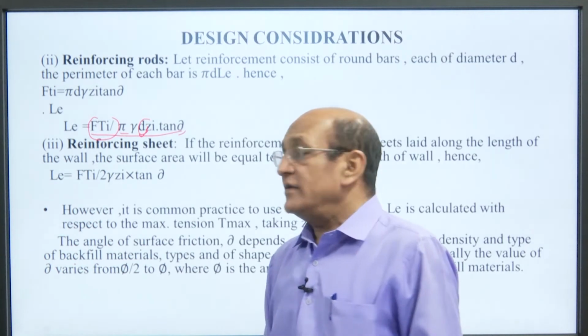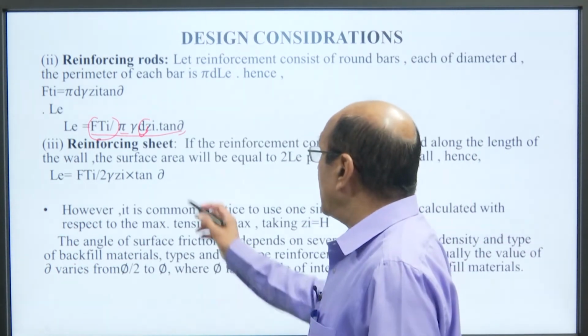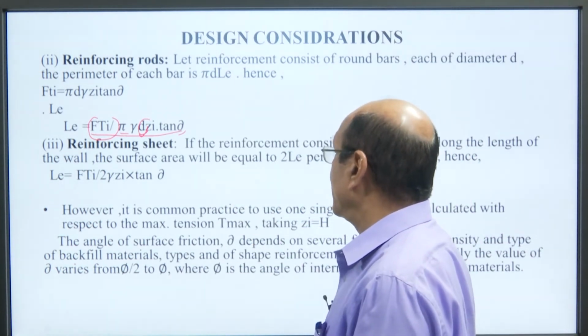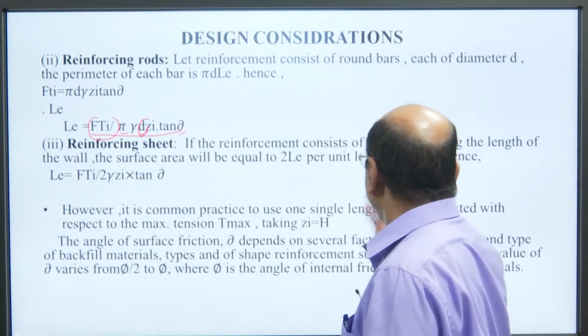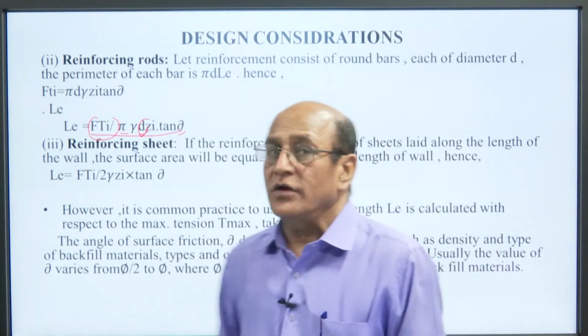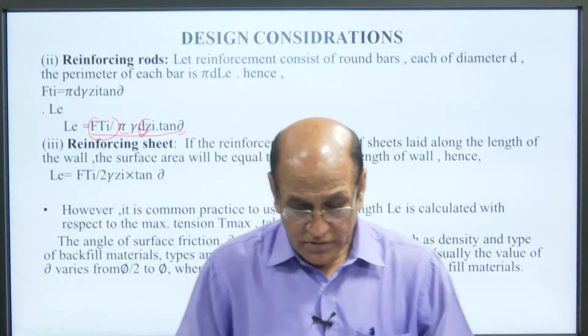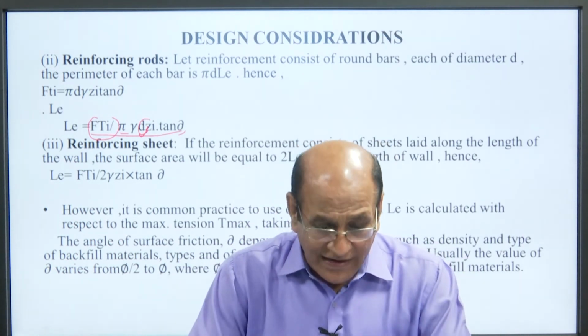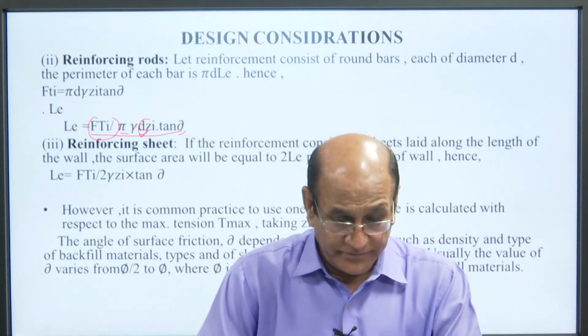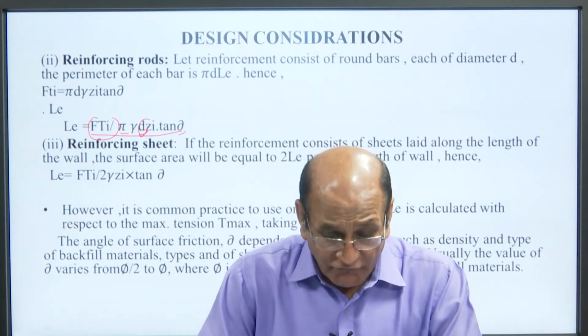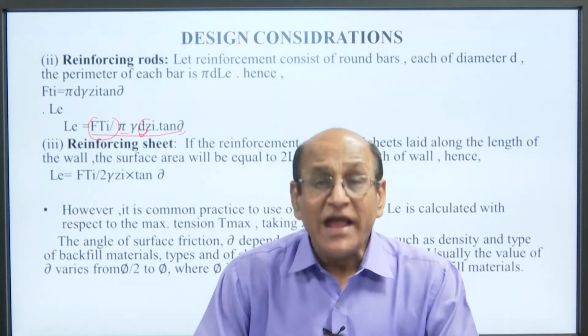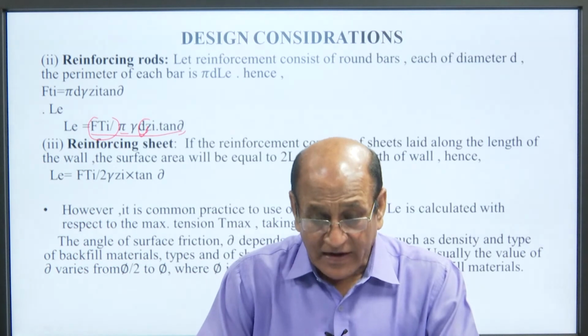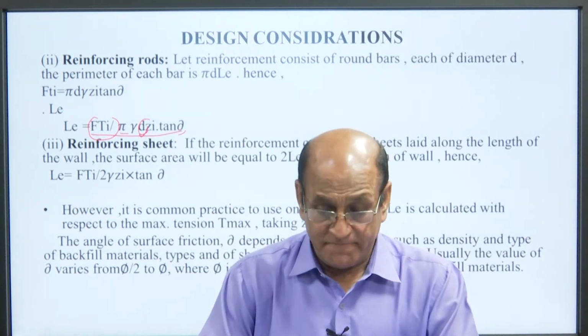The third one is the reinforcing sheet. If the reinforcement consists of sheet laid along the length of the wall, the surface area will be equal to 2 L E per unit length of wall.